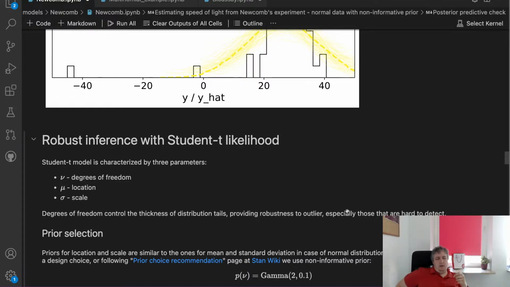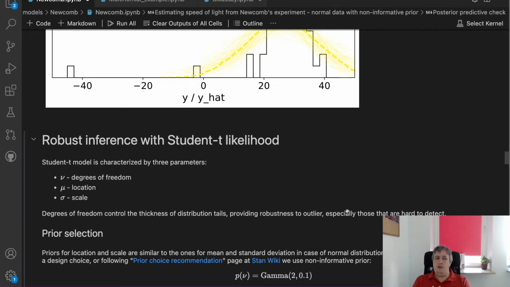This is relatively logical, because when we have outliers, then our mean is being strongly influenced by each large value we move outside. And the idea for more robust inference is to admit a probability distribution that will allow us to accept more values that are further away from the mean.